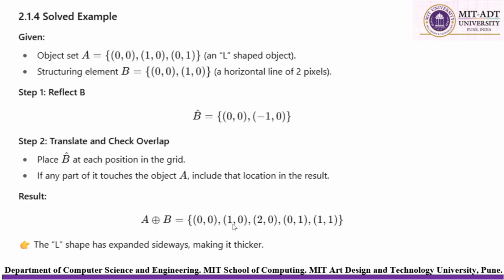So what you will get, the result will be at this 0 0, then this 1 0, right? Then I get 2 comma 0, then 0 comma 1 and 1 comma 1. So here the L shape has expanded sideways, making it thicker.